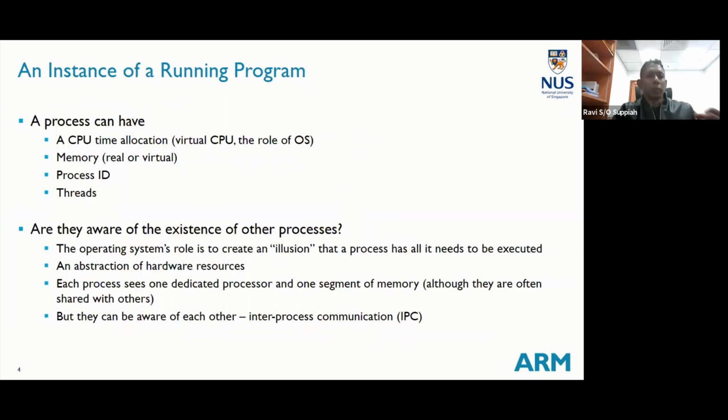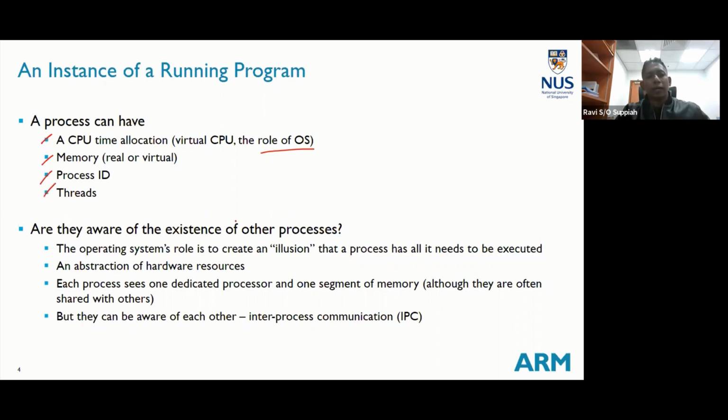So what is a process? When you create a process, you are actually creating your own separate program running by itself. The process will have a CPU time allocation, which means the OS's responsibility is to ensure that it allocates some time for the process to run. It must have some memory because it needs to run the application. Then it will also have other things like a process ID and threads.